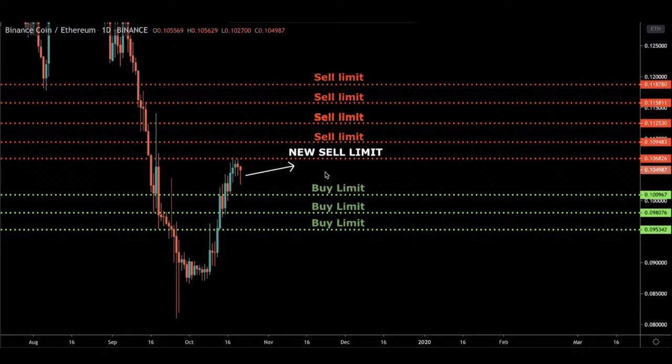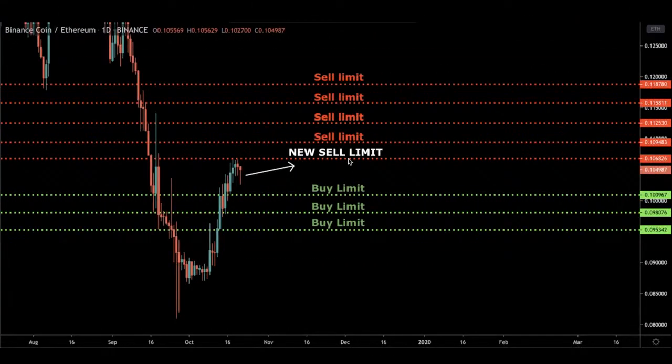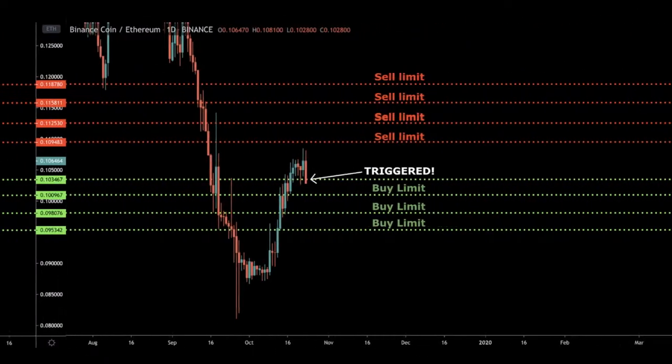So here, as you can see, we have a buy limit order triggered, and then automatically a sell limit order is placed, maintaining this grid spacing level. You see that the price then moves upwards and triggers this newly set sell limit order. What does that mean? It means that automatically a new buy limit order will be placed.